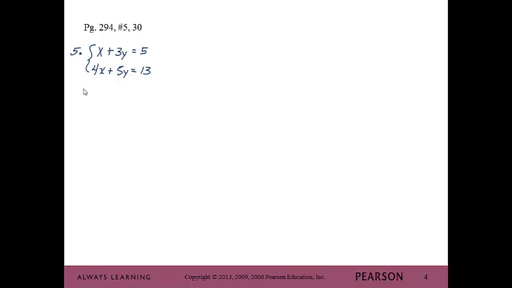When deciding which equation to solve for, look for the variable that has a coefficient of 1 or -1. So this x has a coefficient of 1, so I'm going to solve the first equation for x. So we'll have x plus 3y equals 5. To solve for x, we're going to subtract 3y on both sides. And we end up with x equals 5 minus 3y.